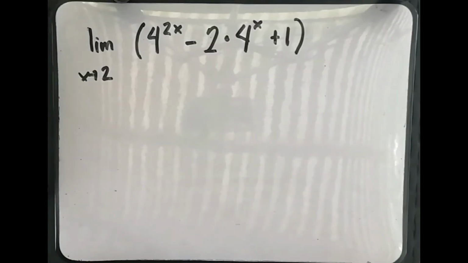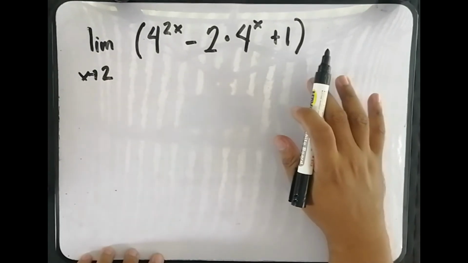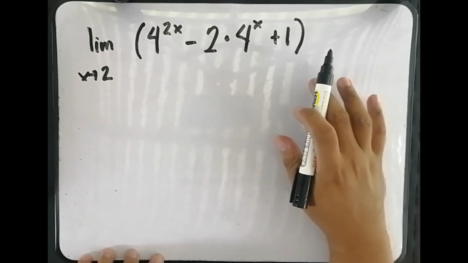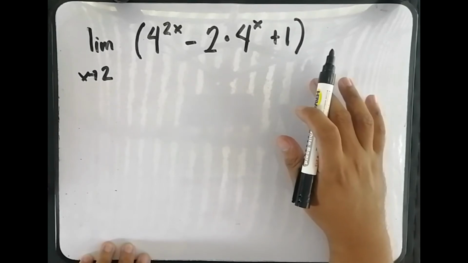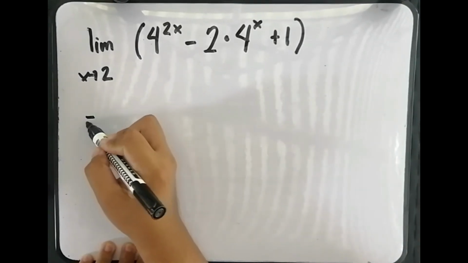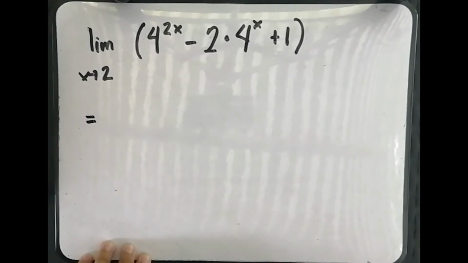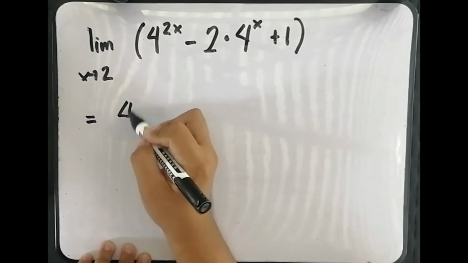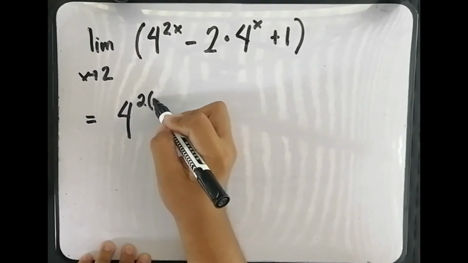Pwede rin natin gamitin yung limit theorems na yon dito sa pagkuha ng ganito. So we have the limit of 4 raised to 2x minus 2 times 4 raised to x plus 1 as x approaches 2. So pwede tayong mag-direct substitution.